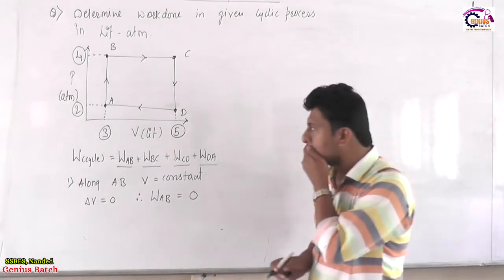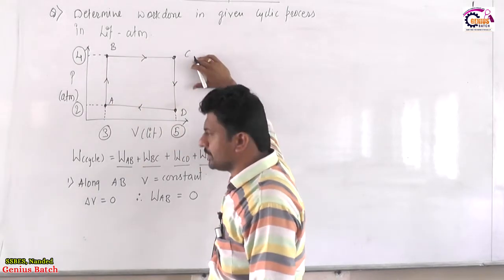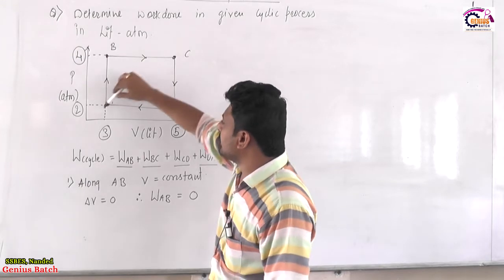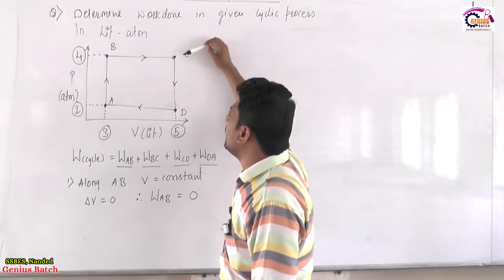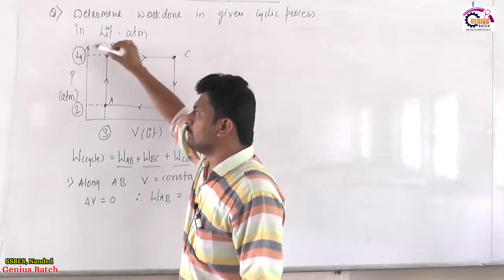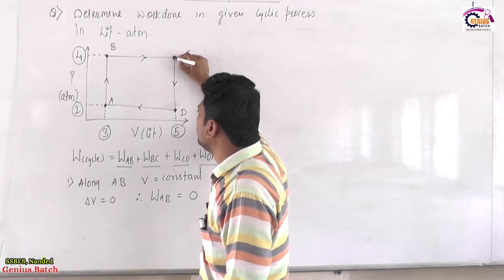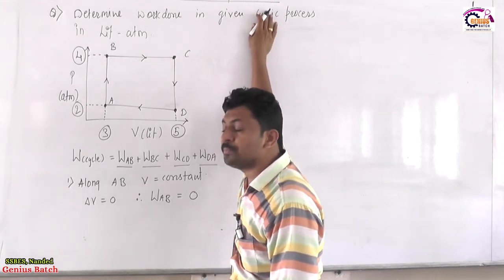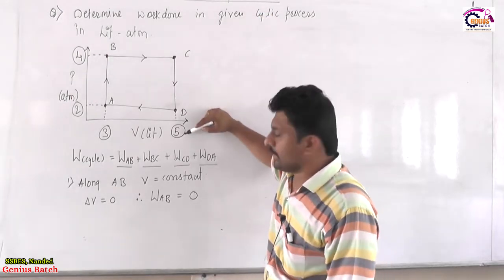Next, parallel to AB is the CD step. Along CD, pressure at point D is 2 atmosphere and at point C it is 4 atmosphere. Clear? At D it is 2 and at C it is 4. So pressure is changing. Volume at point D is 5.